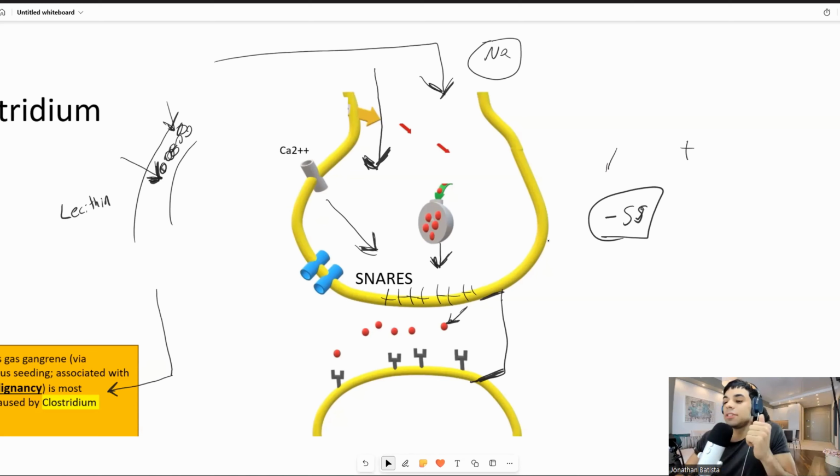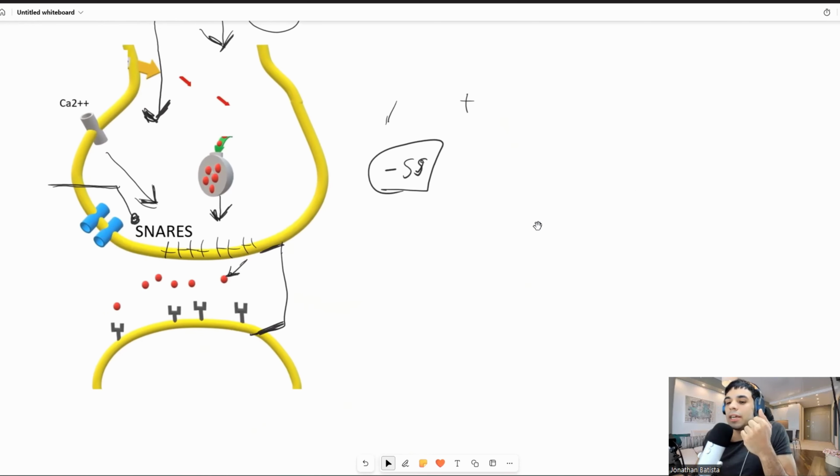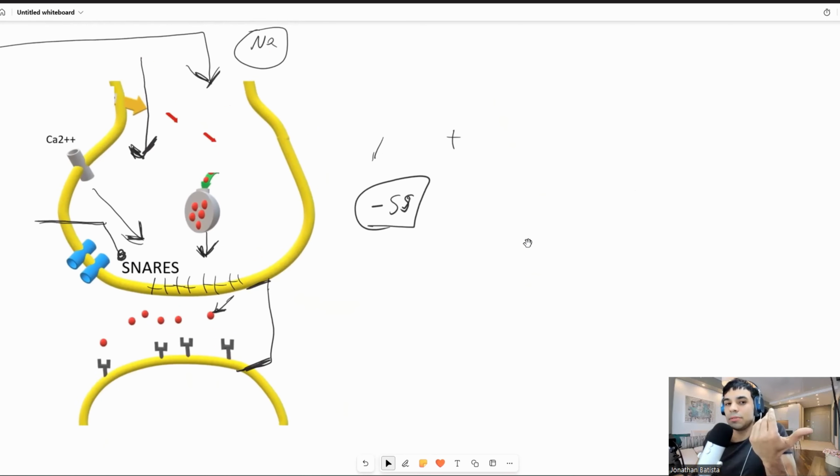So in this case here, what you'll see is that toxins of Clostridium, like Clostridium botulinum or tetani, can inhibit these SNARE proteins. So, for example, if they inhibit SNAREs on an inhibitory neuron, then you'll have contraction because you're inhibiting an inhibitor. So this is a concept that we got to understand in medicine.